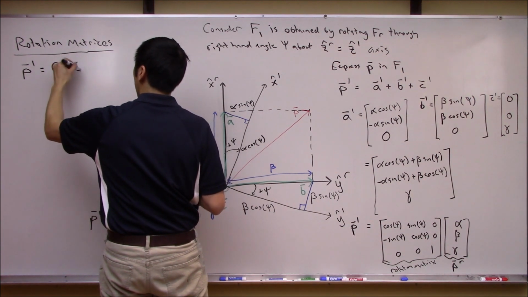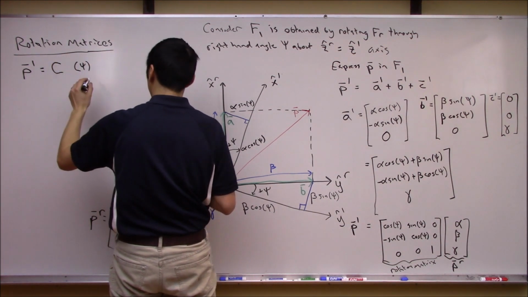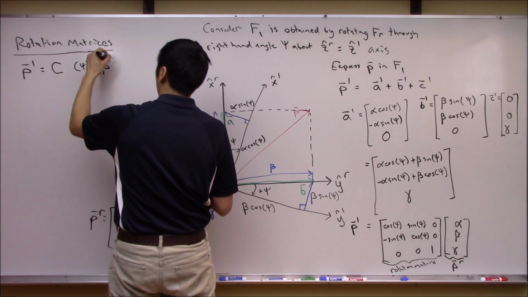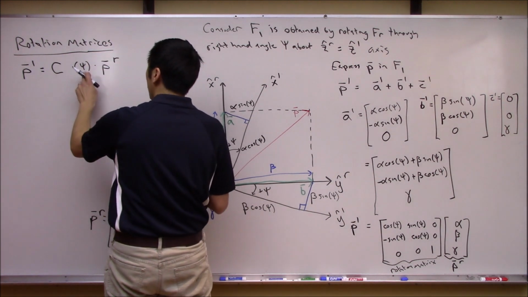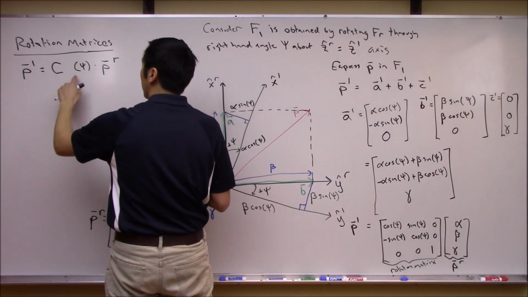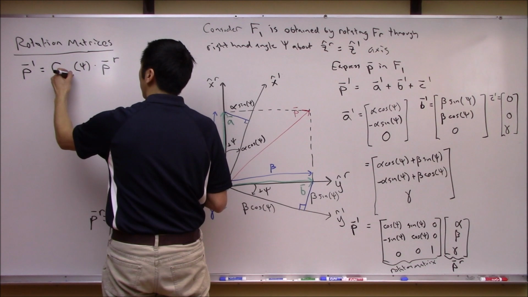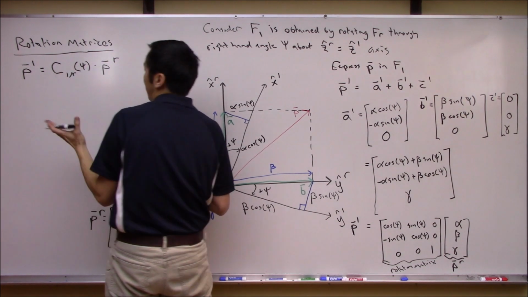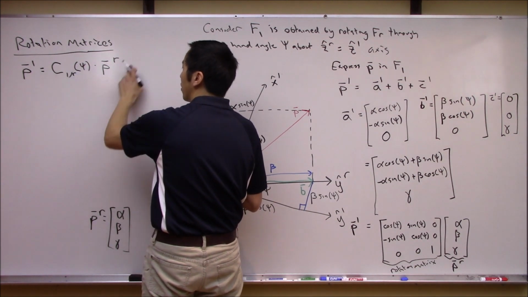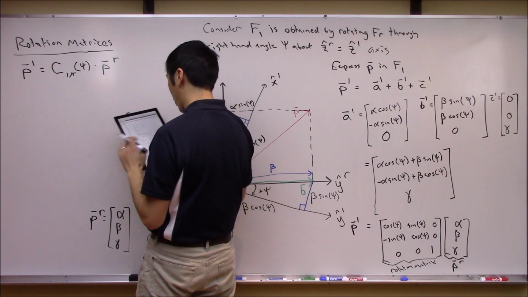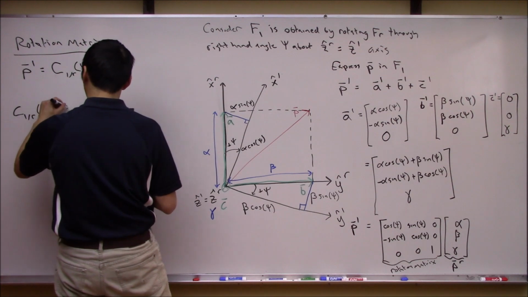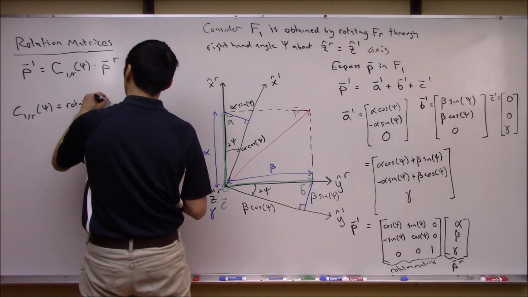This C is a function of psi, and there's going to be a couple of subscripts down here, so give me a second. This thing gets multiplied by the vector p expressed in frame R. So this is a rotation matrix which goes from frame R to frame 1. The notation we're going to use is C1R, a function of psi, times the vector expressed in frame R. In this case, C1R of psi is a rotation matrix.